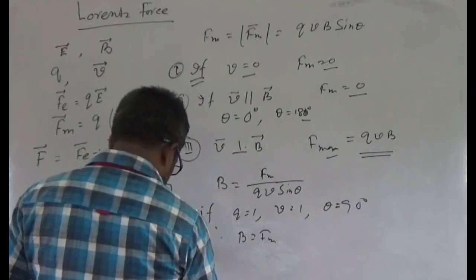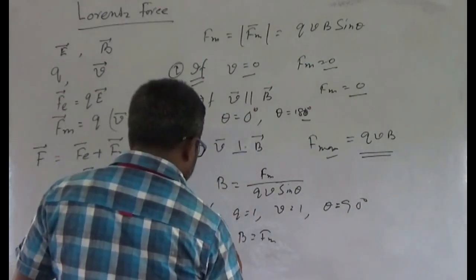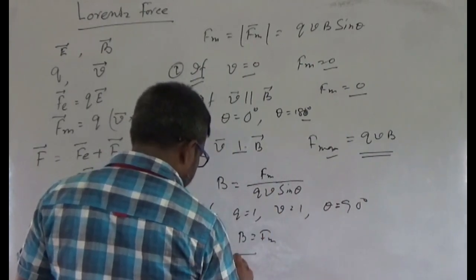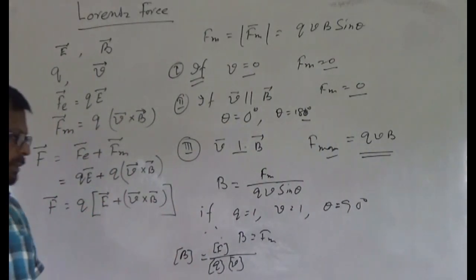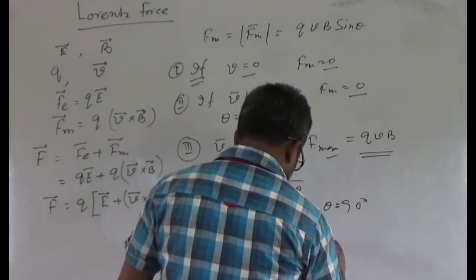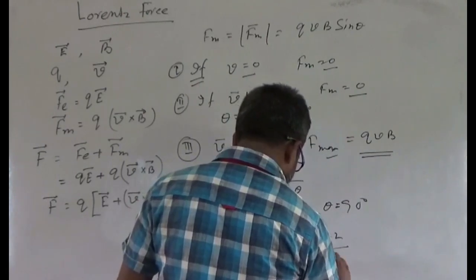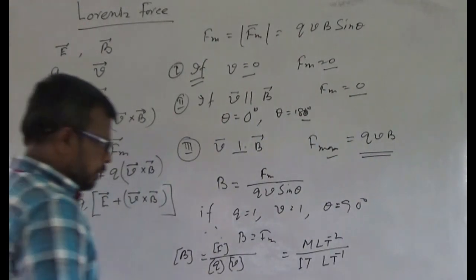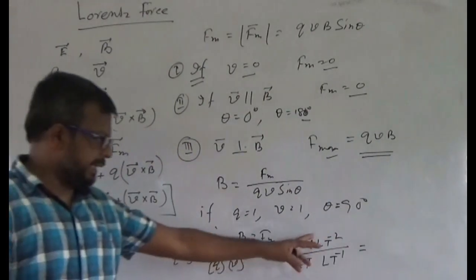And what will be the dimension of the magnetic field? From here you can derive. That means dimension of force divided by dimension of charge divided by dimension of velocity. Sin theta is dimensionless. Therefore, force is M L T to the power minus 2, divided by Q, which is I T, and V is L T to the power minus 1. From here, L cancels out.